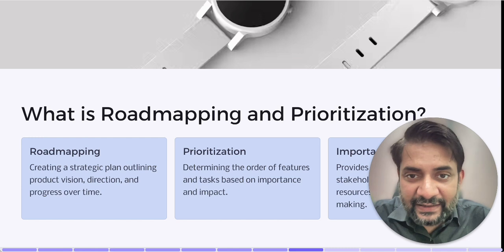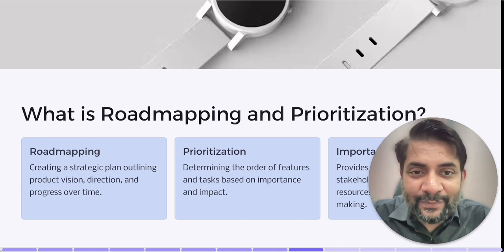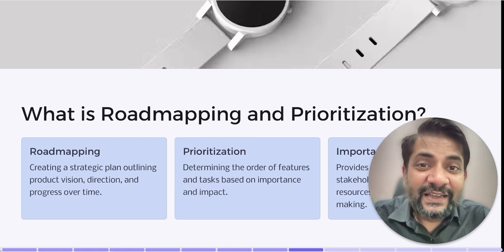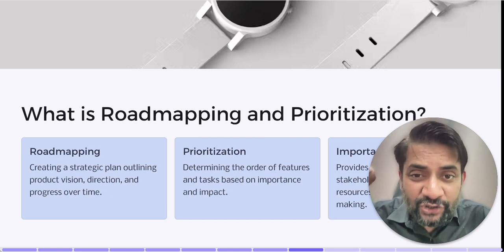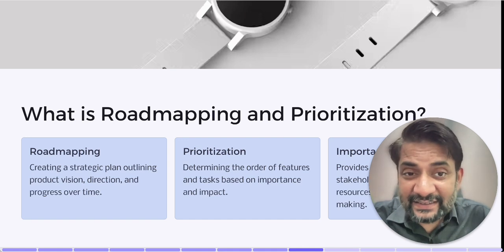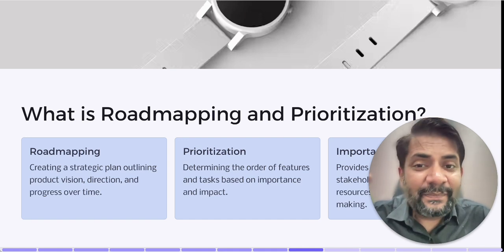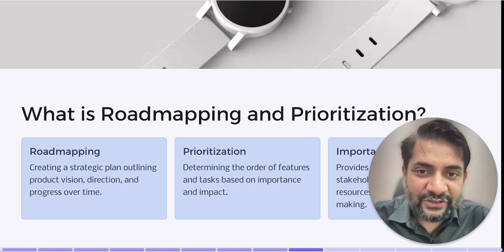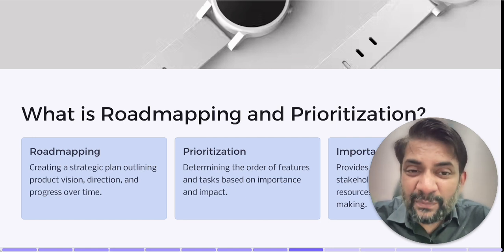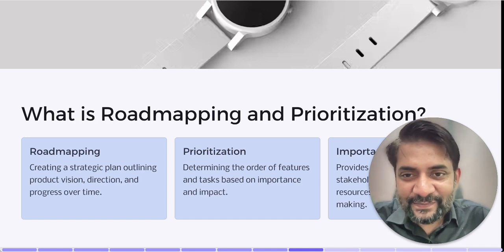First, it provides clear direction and guides the development team on what to focus on next. It aligns stakeholders, ensuring everyone understands the project's trajectory and priorities. It maximizes resource utilization, allocating resources to the most impactful features and tasks.